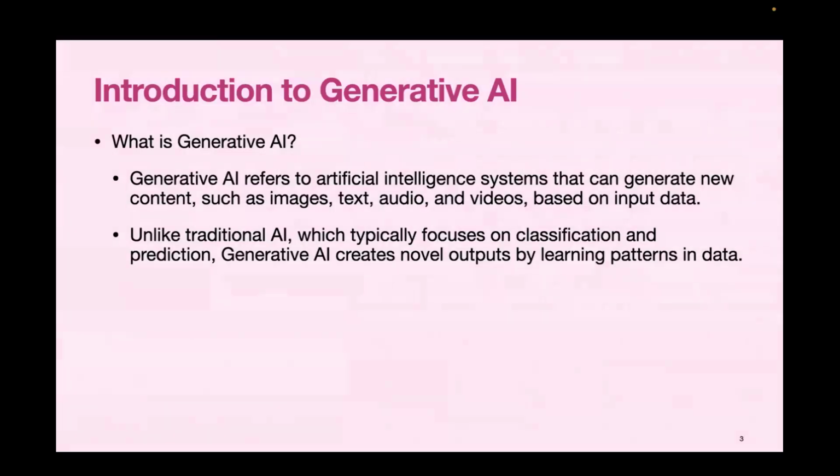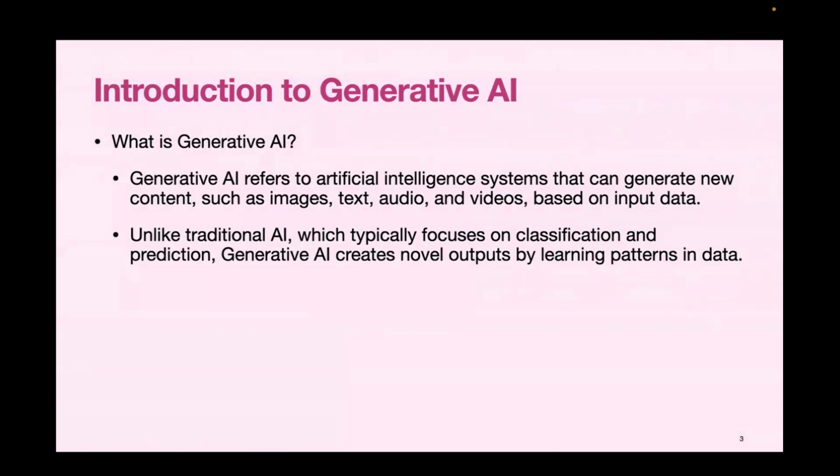Sometimes it will be creative enough to provide you the content. So that is the difference between traditional AI and generative AI. Generative AI is an AI system which can generate new content, which could be images, text, audio, or videos.